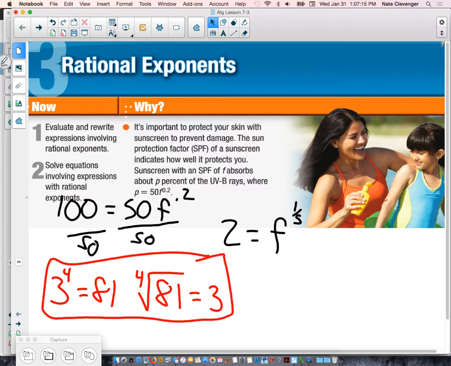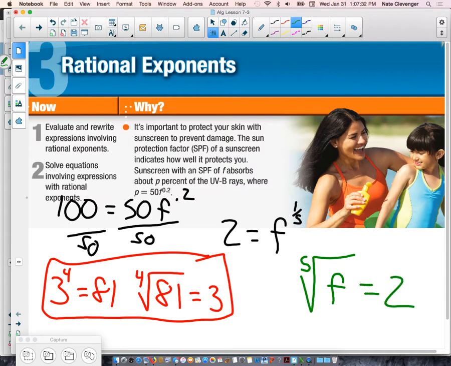So what value would we take the 5th root of? Oh, I should have made that an F, shouldn't I? F equals 2. Give me your memorized exponentials.